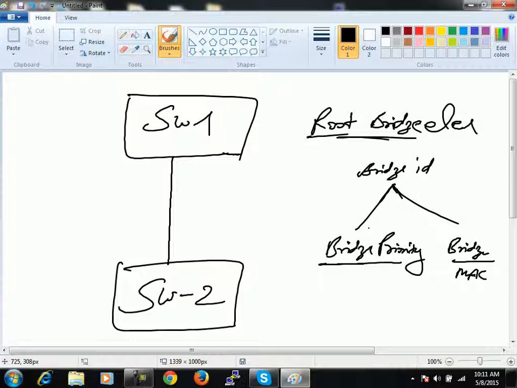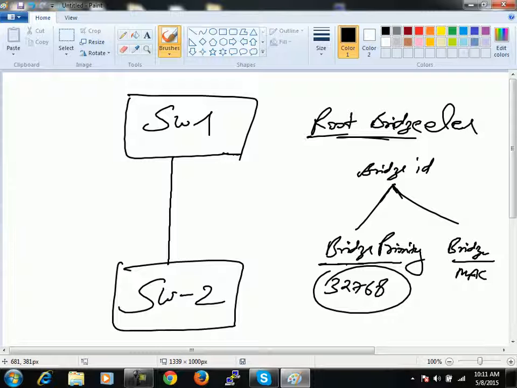If bridge priority is common, as you know very well that by default bridge priority is 32768, then switches will not be able to elect their root bridge based on bridge priority. Because they are not able to elect the root bridge based on bridge priority, they will use bridge MAC address as a tiebreaker.